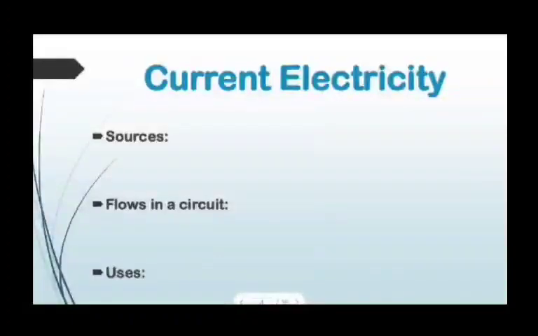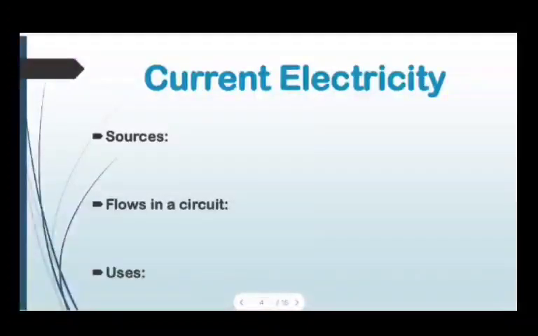Let's talk about a few terminologies, as I had said, for this chapter so we understand it better. What is a source of electricity? A source of electricity is any type of fuel or a process or any phenomenon, any particular way that creates an electric charge.